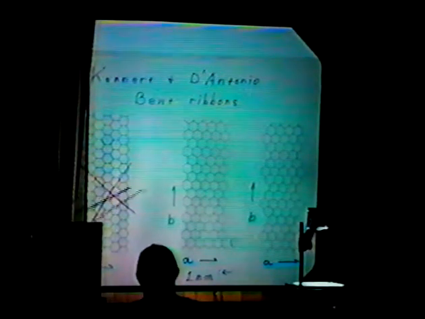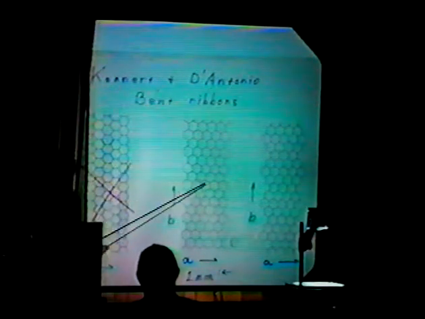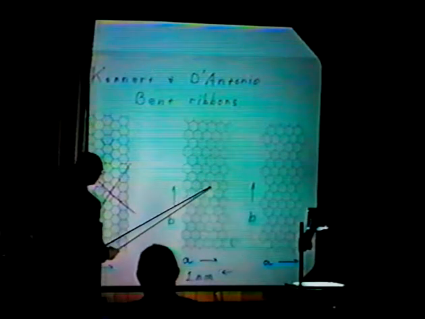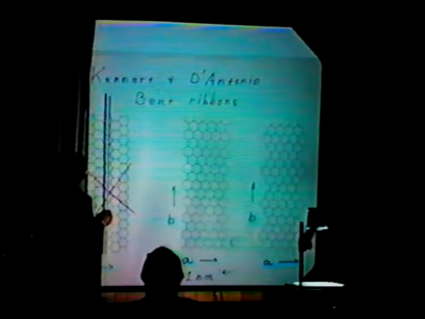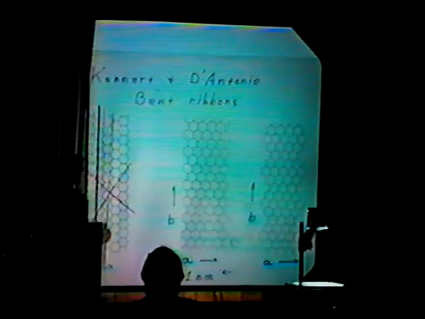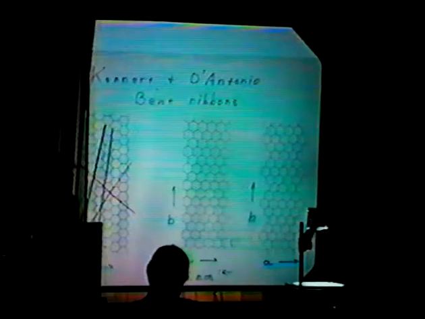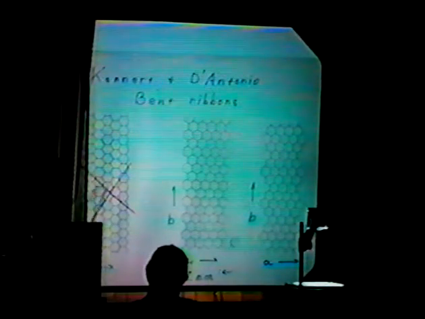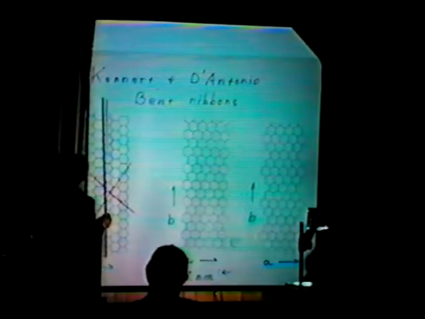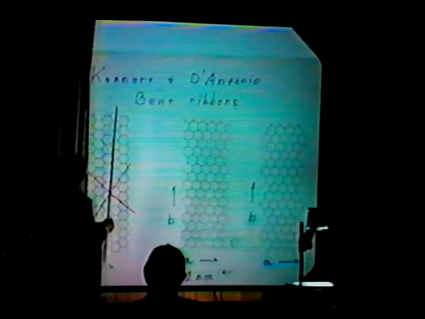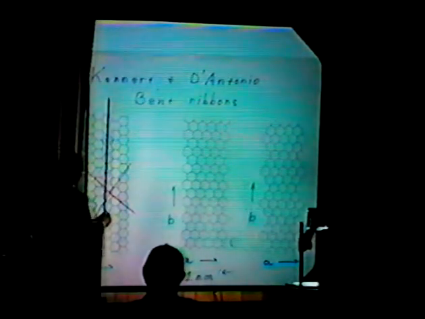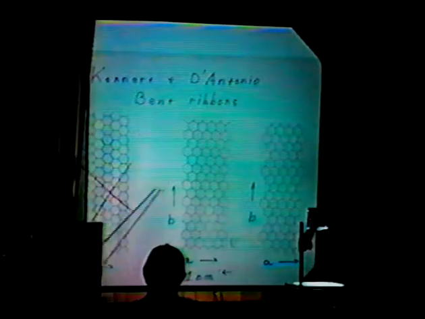Well, they assert, Connerton and Antonio, looking at a certain charcoal, have said that ribbons in which you have, we call these B ribbons, because you have the B axis of the graphite sheet parallel to the ribbon direction, are not allowed by the X-ray studies.